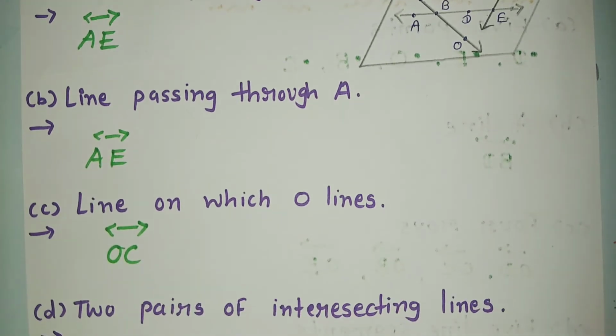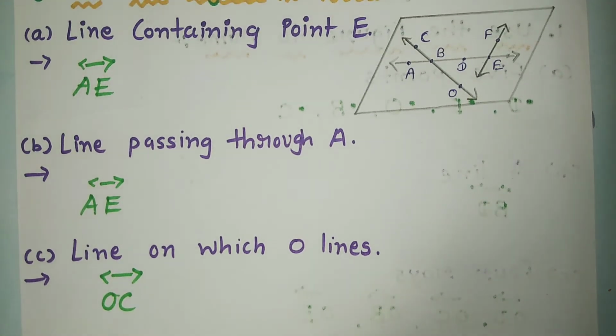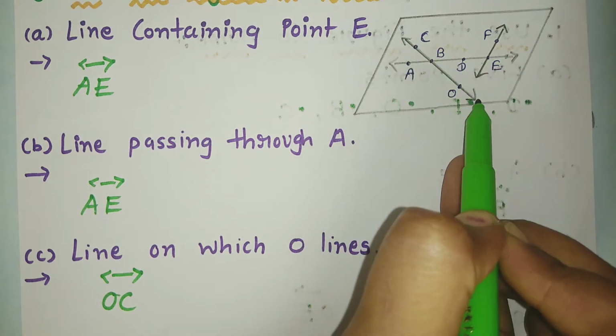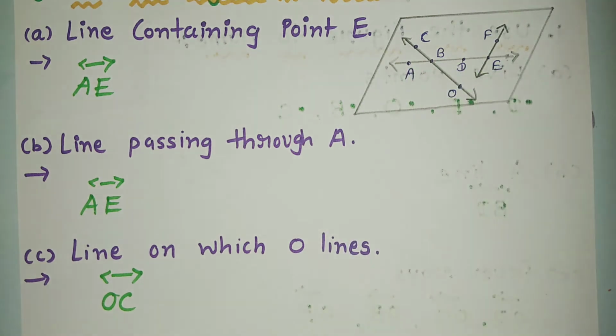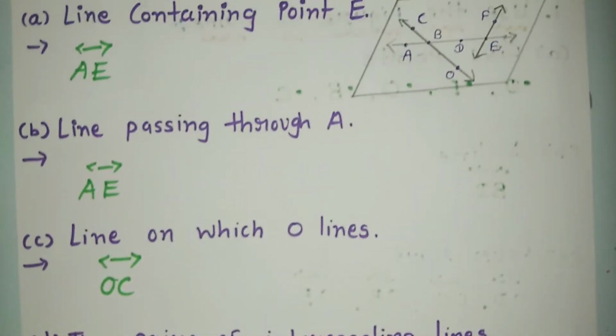Last, two pairs of intersecting lines. Two lines that meet at a point. So here I can see this line and this line. Again, this and this. So this line is AE. A is intersecting with which line?